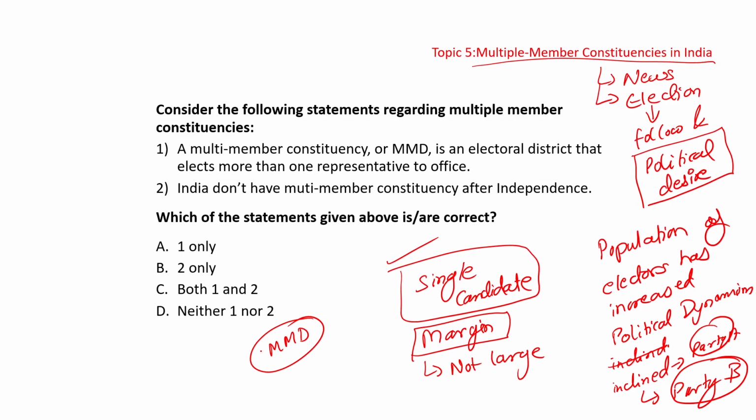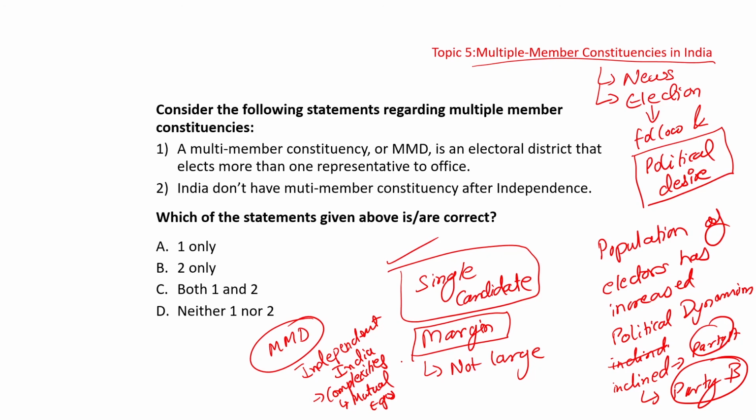All right, we had that in early independent India. We had that particular concept, but it led to complexities. It also led to mutual jealousies or mutual ego between the members.